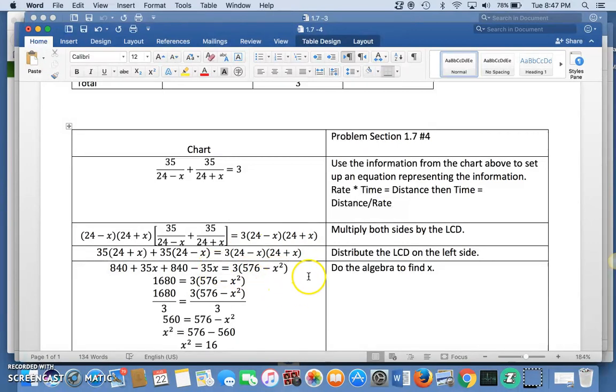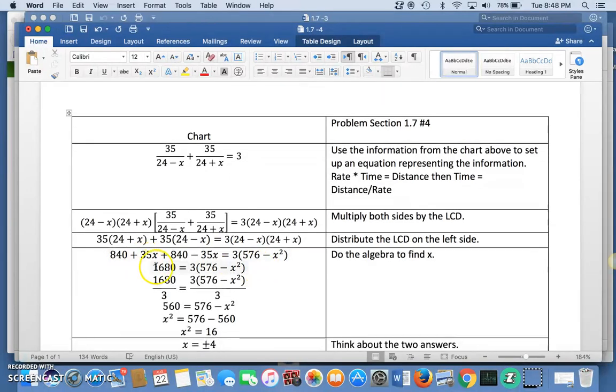To save yourself a little time, you realize that 3 will go into 1680 evenly, or at least I hope you realize that it will do that. And 3 goes into that 560, so you don't really have to distribute that 3. You can divide it out.